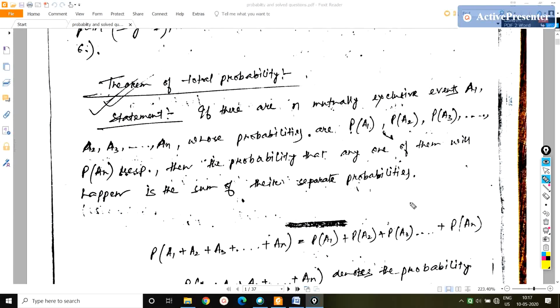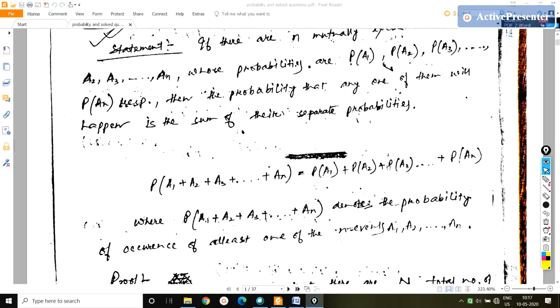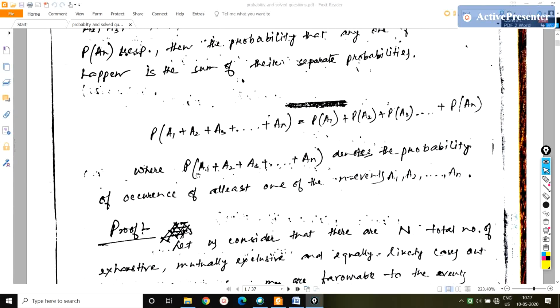As I already mentioned, P of A1 plus A2 plus up to An represents the probability of occurrence of at least one of the events A1, A2, An. So this is important: at least one of the events.